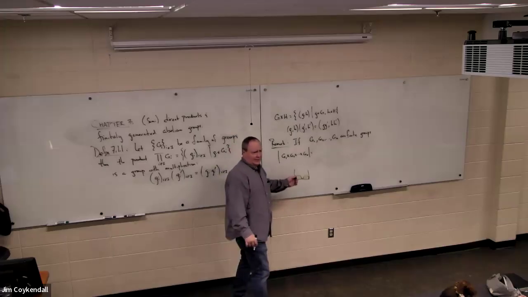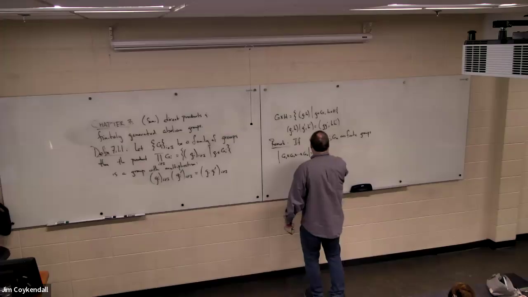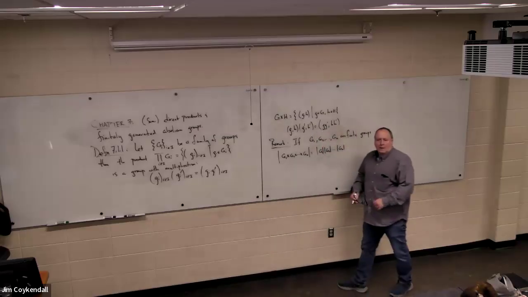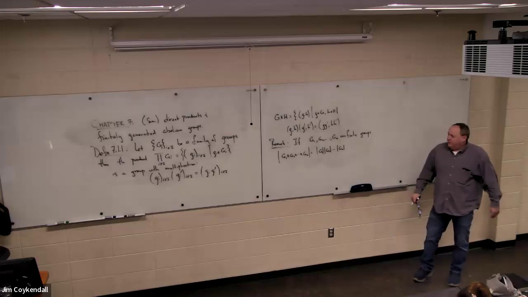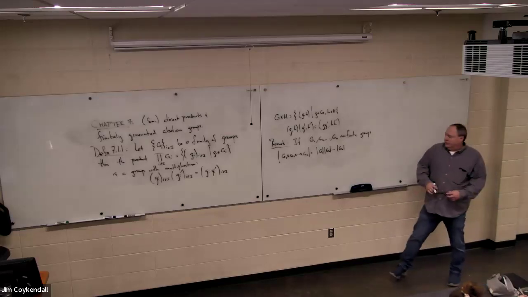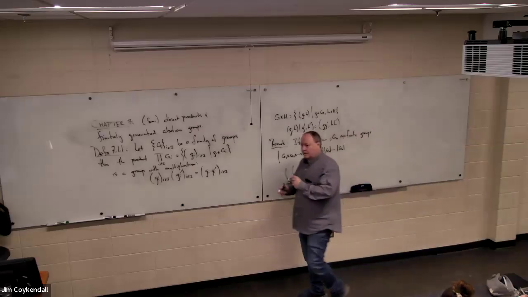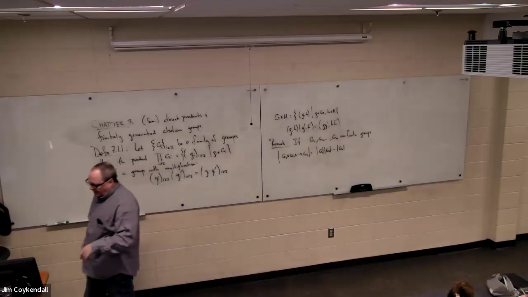This is just a set theory thing. This is just a counting thing. So the number of elements in this generalized Cartesian product is just the number of choices for G1 times the number of choices for G2 all the way up to Gn. Okay, so got that going for us.